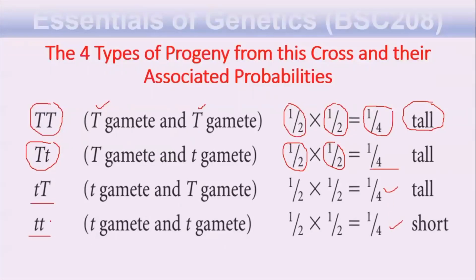And when two recessive alleles are present, then the phenotype will be short. In this way, by using the multiplication rule of probability, we can calculate the probability of different phenotypes and genotypes, and we don't need to make a Punnett square.